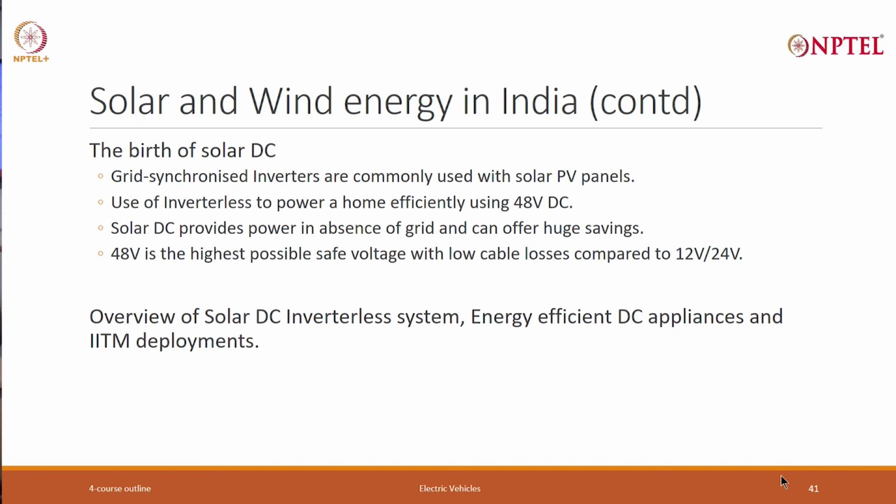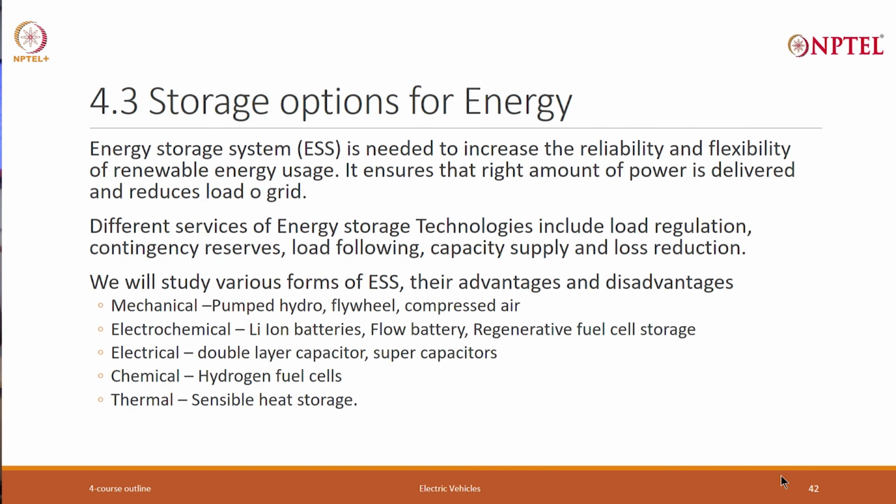So, we will talk about the birth of solar DC and how solar DC was used, something that was developed at IIT Madras, very widely deployed specifically in those places where there is no grid, and how it helped a lot.